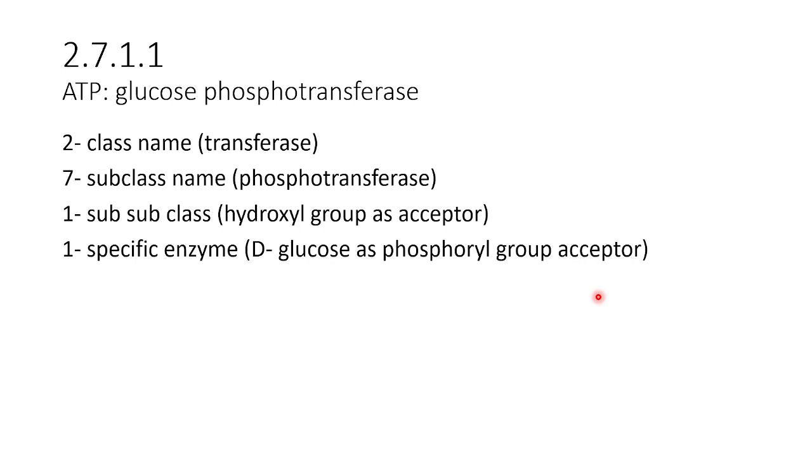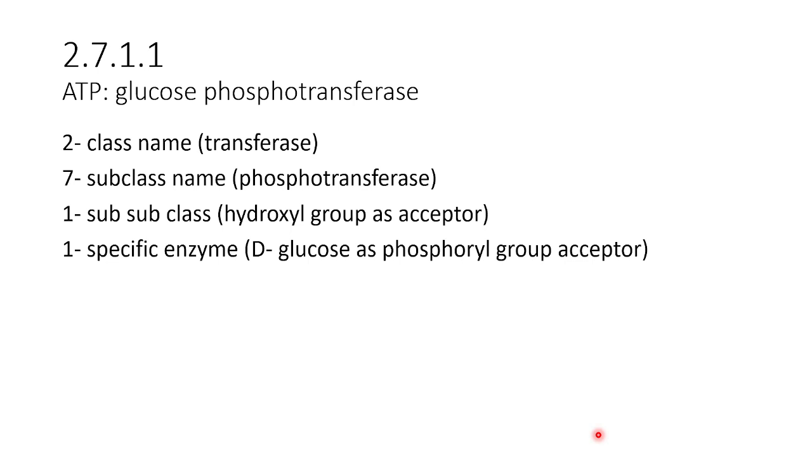The third digit is the sub-subclass, which can be a hydroxyl group, an acetyl group, a methyl group, some other anions, or the ability to capture a cation. And the last one is the specific enzyme, that is, D-glucose as the phosphoryl group acceptor. This is what we need to keep in mind, and it will help us have an approximate idea about the classification of these enzymes.